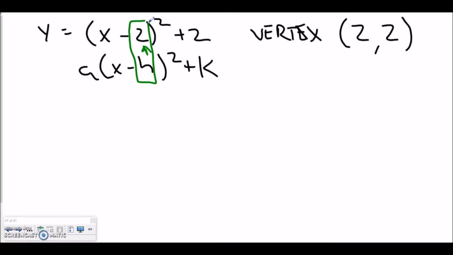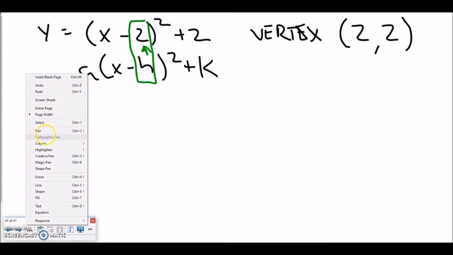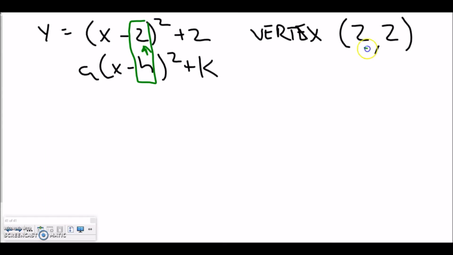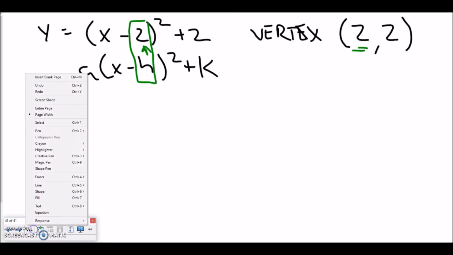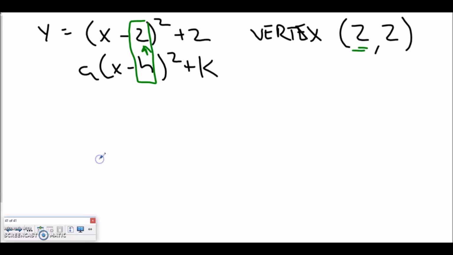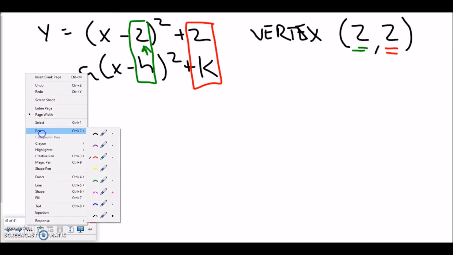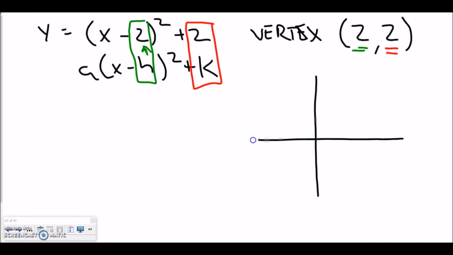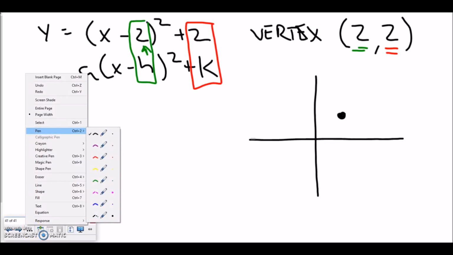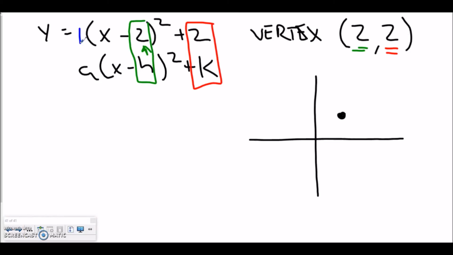Notice we don't care about that negative because that's part of our formula. So that's where this 2 comes from. And k, the y-coordinate of our vertex, would be positive 2. So at the very least, if we had to graph this parabola, we know the vertex is at (2, 2), and because a is 1, or positive, this parabola would open up.